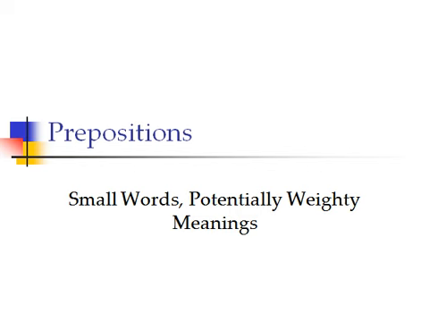Obviously, translating prepositions from Greek to English is another area in which the translator will make a lot of important decisions, often well-informed decisions, but decisions nonetheless, which will foreground for the English reader one possible sense of the preposition.